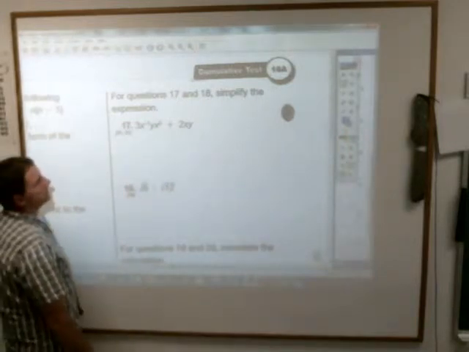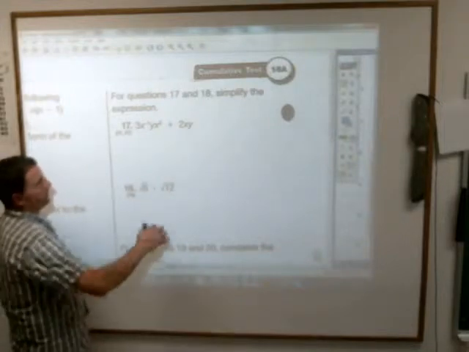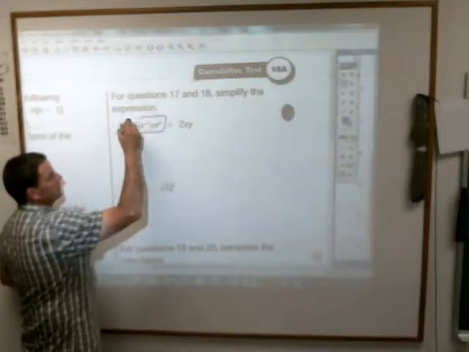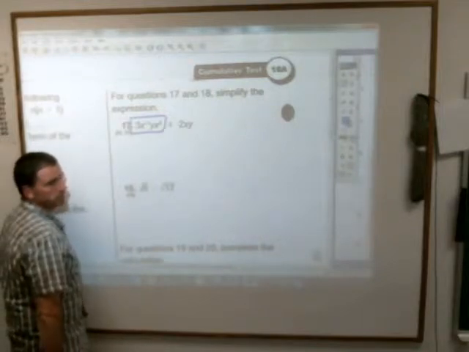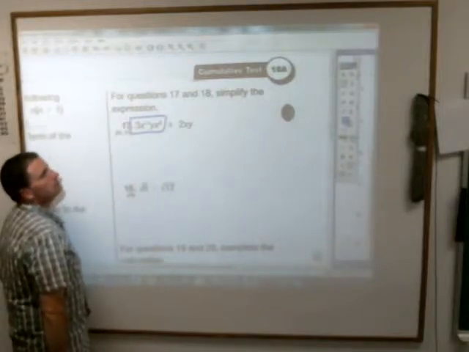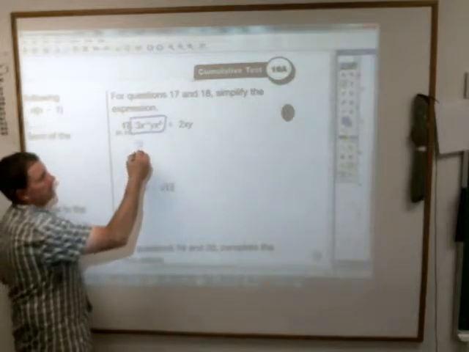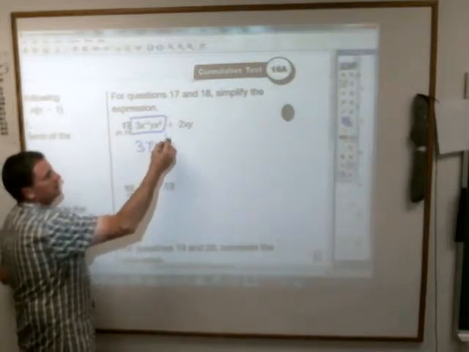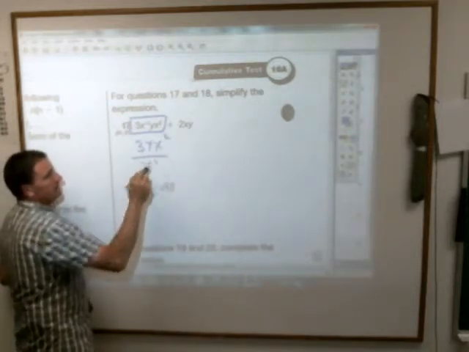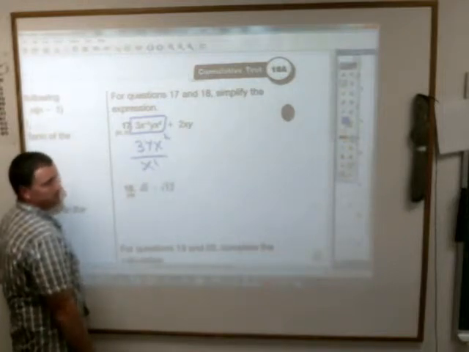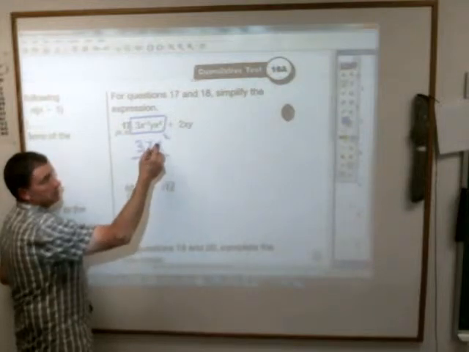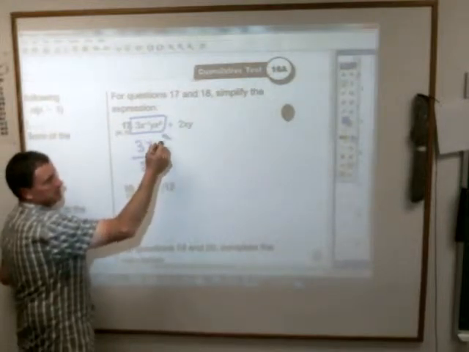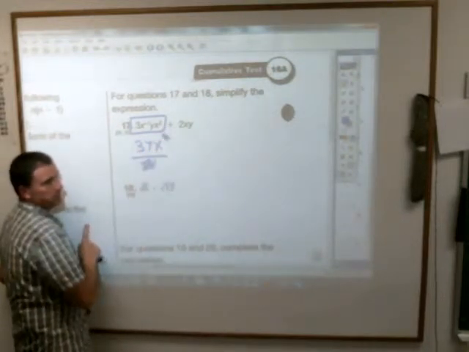Well, I guess the first thing we have to do is, what can you do with this, Alex? Since there's a negative x, can we put it on the bottom? Sure, why not? So I have 3yx squared and then an x on the bottom, right? So what happens to the x's? One of these x's crosses off with one of the two x's on top, so you're just left with 3yx on top.